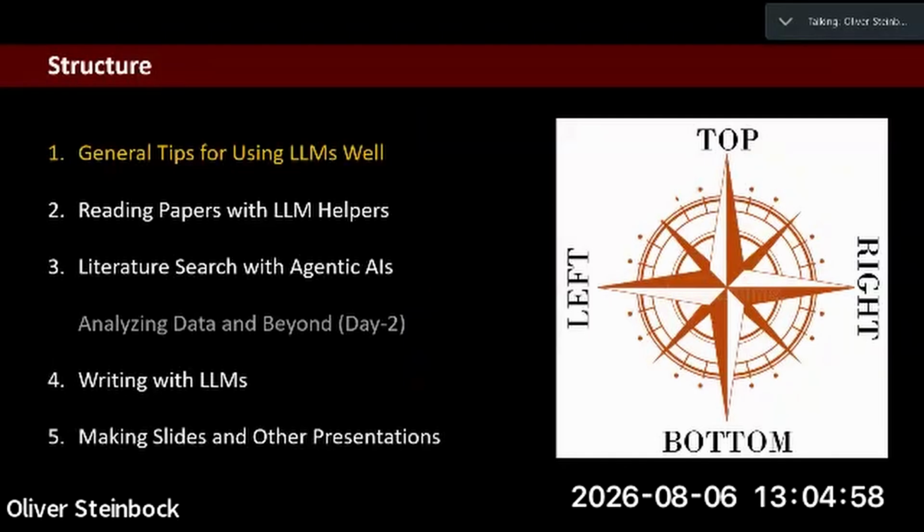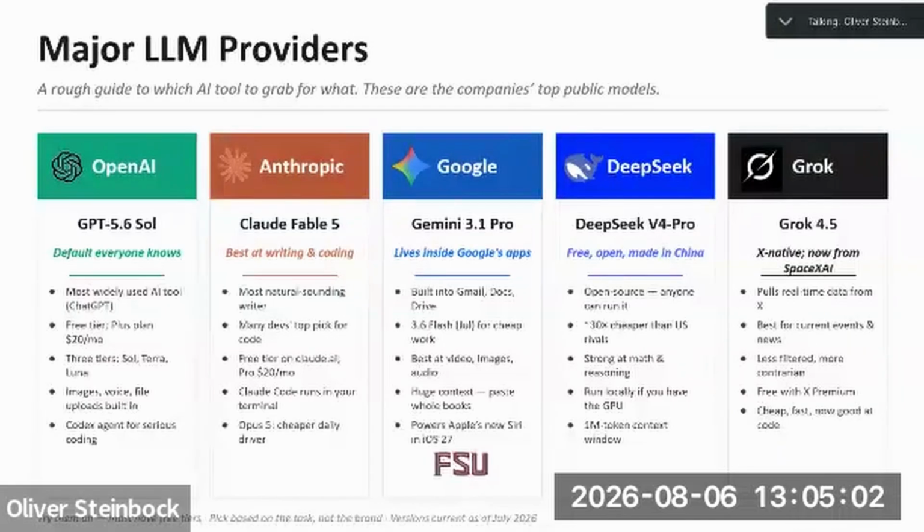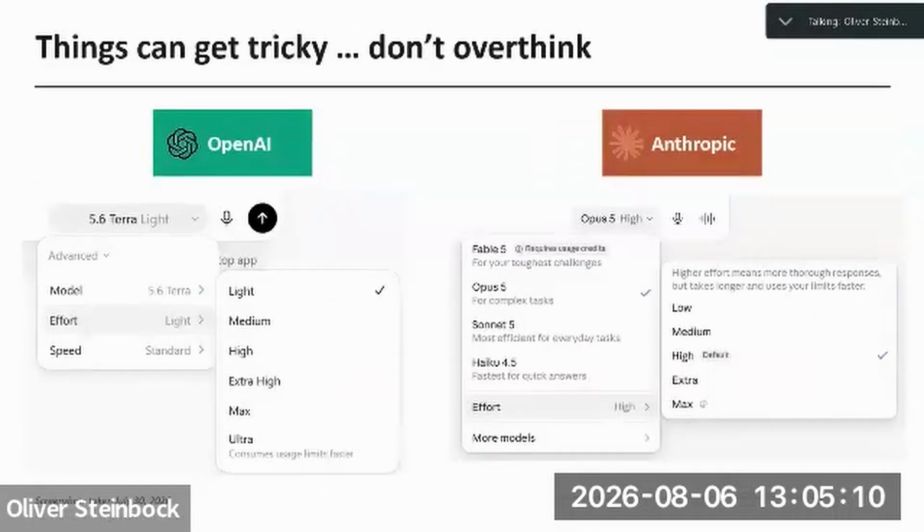We'll start with some general tips on using large language models like ChatGPT. We covered this already, the big players, OpenAI, Anthropic, and Google. And when you look at it, things have gotten quite complicated, and they keep on changing every month. If you are on either of those platforms, you can select one of many models.